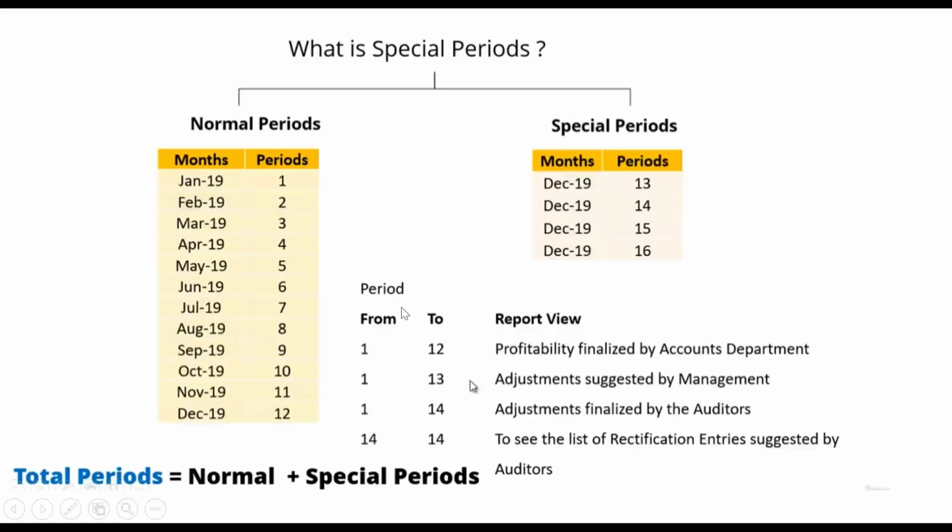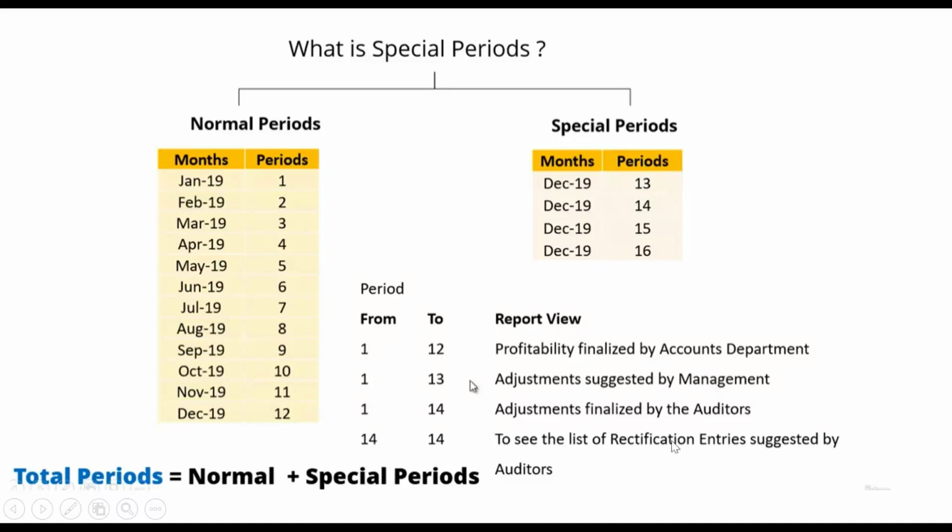Next, we'll understand what special periods are. Let's say we have January to December as normal periods. Special periods may be for the December month only. We use the extra periods as four special periods, and we use those basically for profitability analysis finalized by the accounts department, for adjustments by the management and adjustments by the auditors.